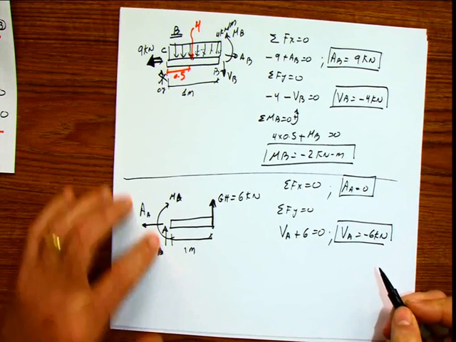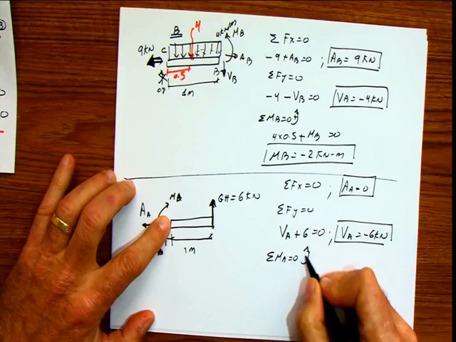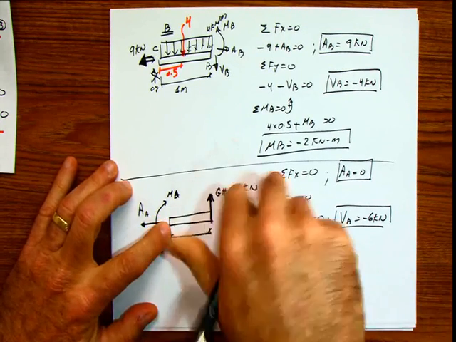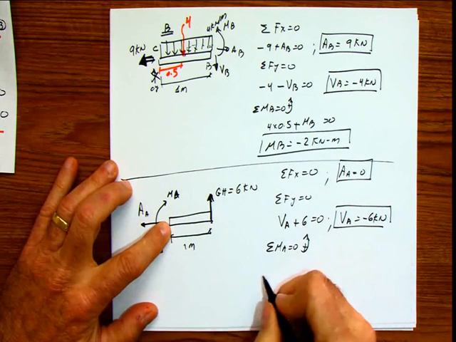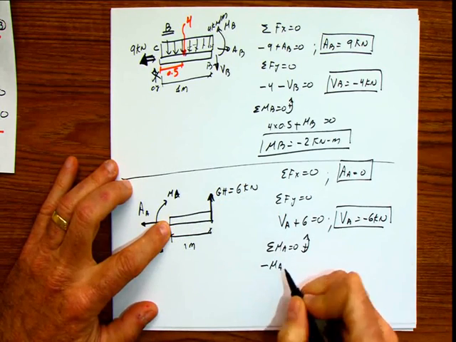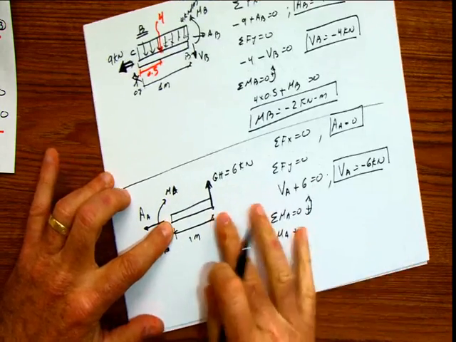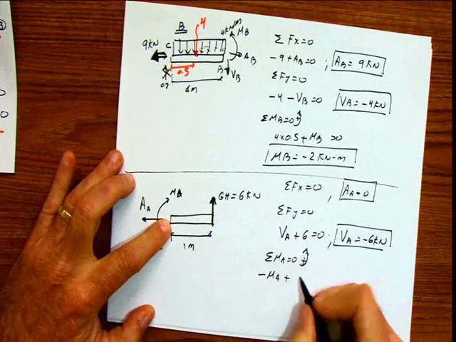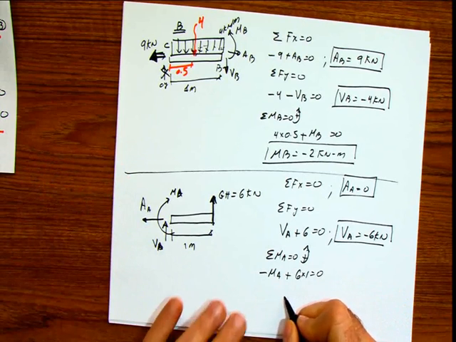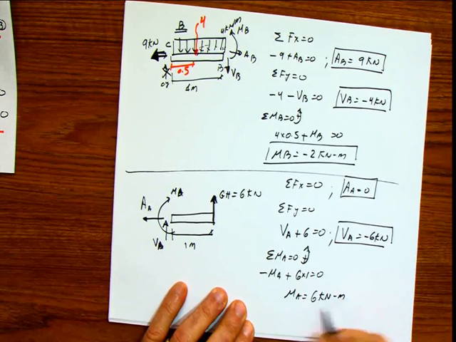And summation of moments at A: then this is MA, which is going in the opposite direction to my summation convention, so negative MA, plus, because this is going to do this movement, 6 times 1 equals 0. So MA equals 6 kilonewton meter.